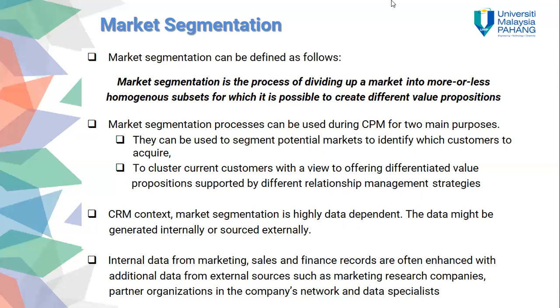And then market segmentation can be used during CPM for two main purposes. First, we want to segment the potential market to understand which customers to acquire. That means we want to target which customers we want to have business with. And second, cluster current customers with a view to offering differentiated value propositions.